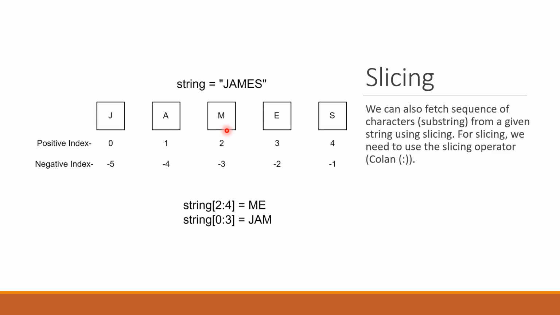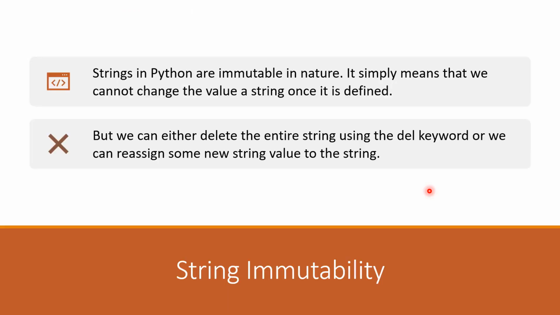Now we will move to our next topic, and we will discuss string immutability. So till now, we have seen how we can fetch characters and substrings from a given string value. But can we change certain values? Like what we were doing in indexing, we were fetching a single character from a given string. So can we change certain values using that?